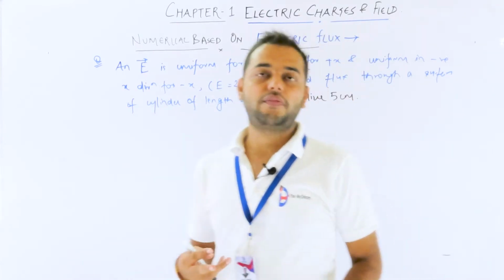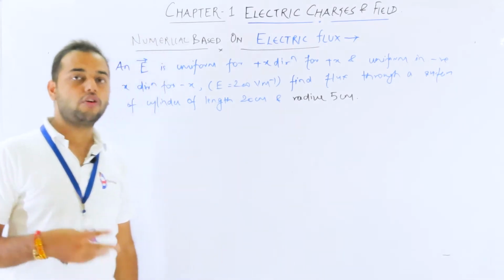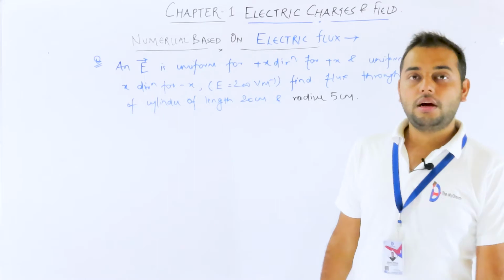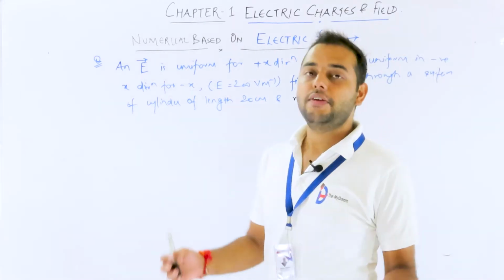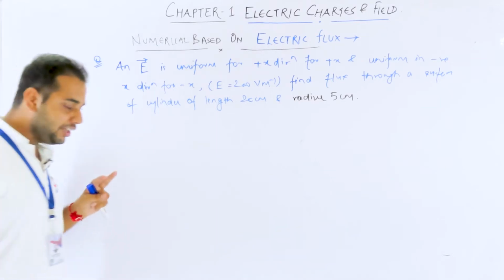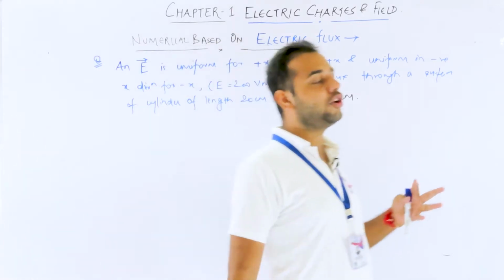Then we have two more surfaces whose flux contribution is non-zero. In total, out of 6 surfaces, if we have an electric field in only one direction, then only two faces of the cube will contribute to the electric flux.